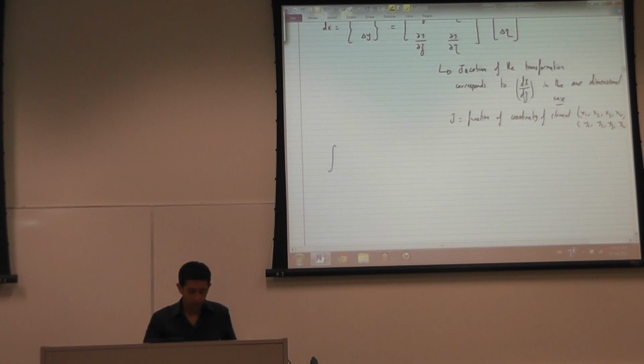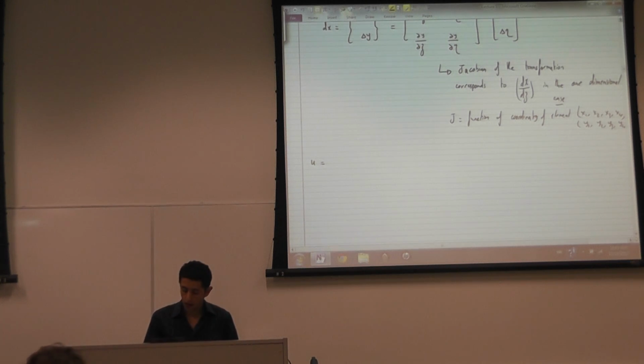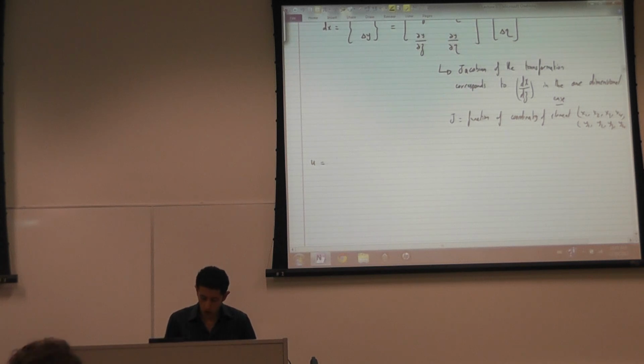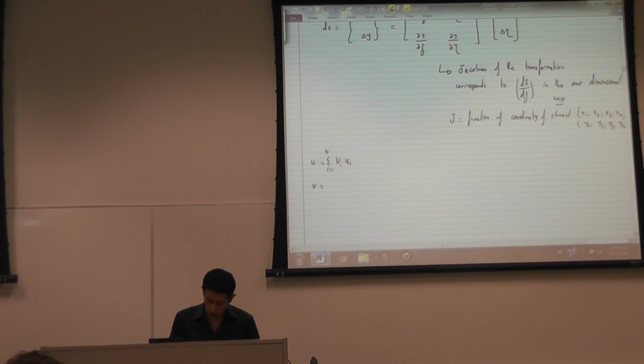Okay, so the rest we'll just do once and for all, and we'll never have to do it again, because everything else is just done. It will be a function of the coordinates in the perfect world. So in the perfect world, u is equal to the sum from i equal 1 to 4 of Ni ui, and v, the vertical displacement, is equal to the sum from i equal 1 to 4 of Ni vi.